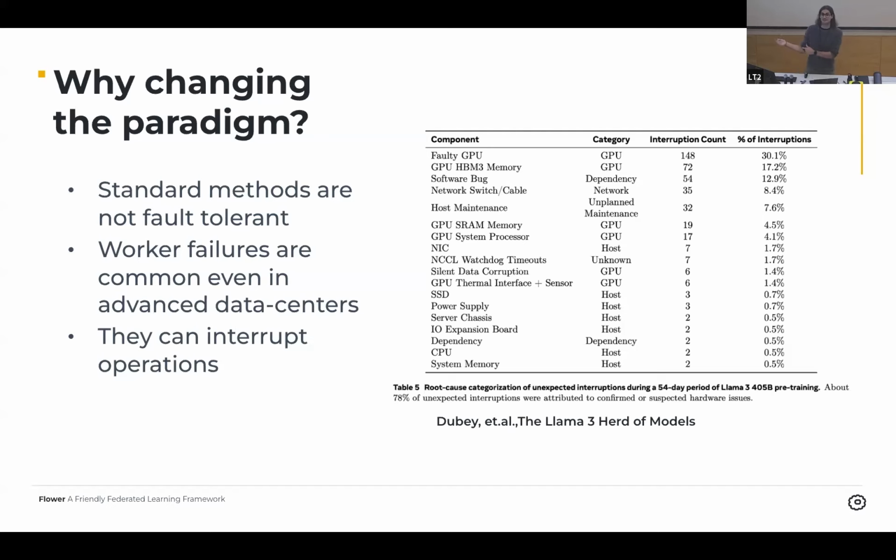Now, how does federated learning help in this case? Well, the federated paradigm, the federated aggregation, as I showed you in the previous algorithm, is very robust to dropouts, what we call dropouts in the federated literature. So whenever a client is not able to complete its task and just drops out from the current training round, in a standard distributed pipeline, you will need to recompute the contribution that this client had, because if not, your optimization breaks.